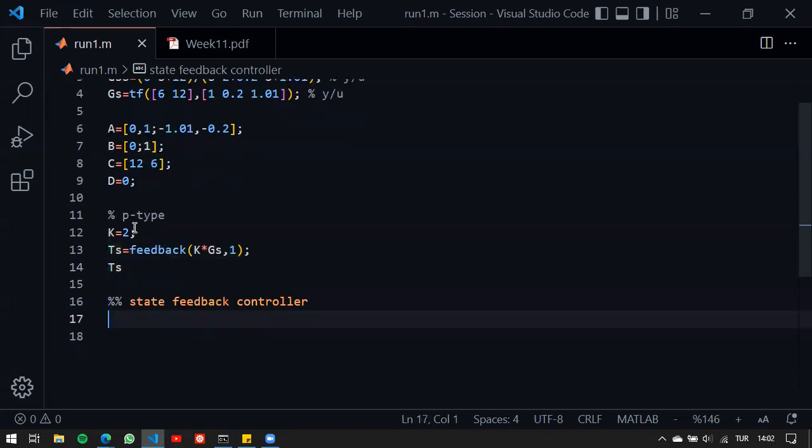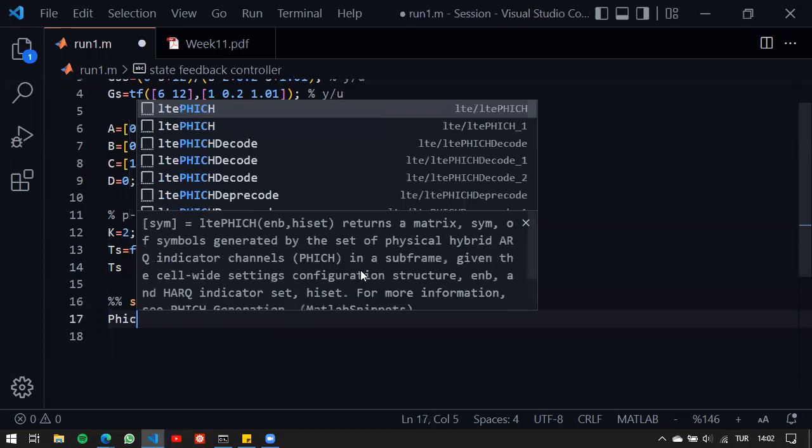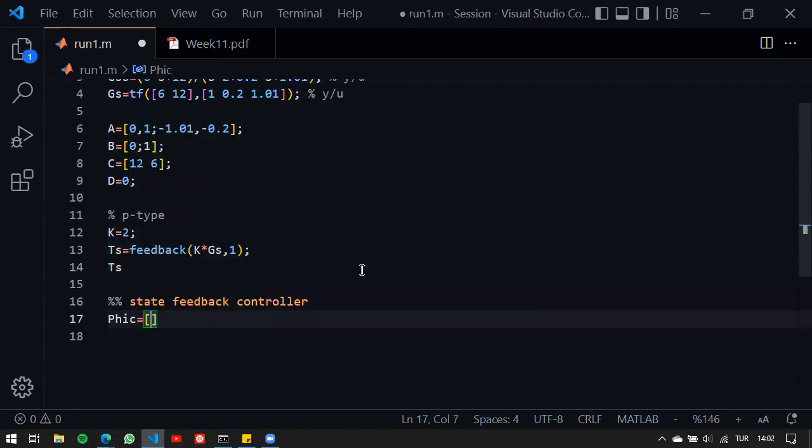So I have A, B, C, and D, and that's all I need. I can just come up with the controllability matrix. I've talked about that. So that's B, comma, A times B. And then I need basically a PDS, the desired polynomial.